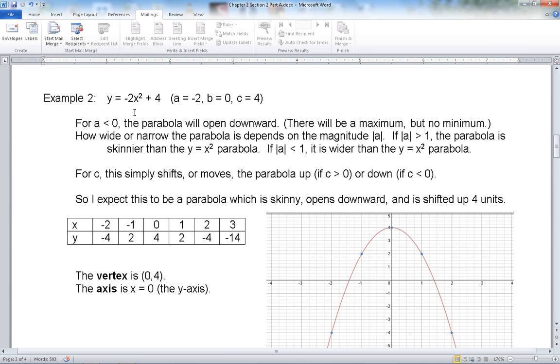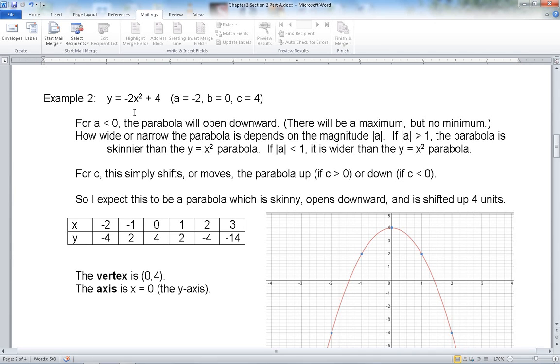If a is a fraction, between 0 and 1, and remember we're just talking about the magnitude of the number at this point, then it's actually going to be wider. It's going to grow more slowly as you move away from the vertex point, or the axis of symmetry. And c, again, simply shifts the parabola either up if c is positive or down if c is negative.